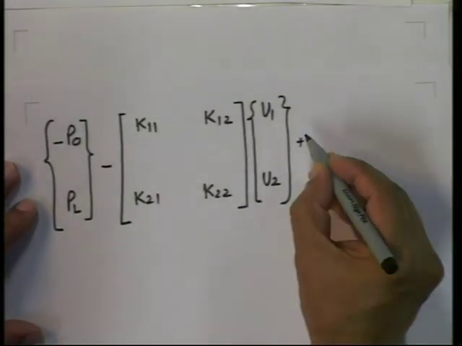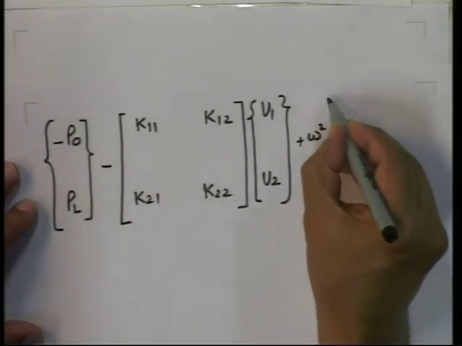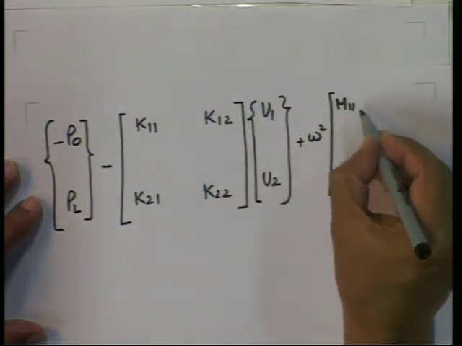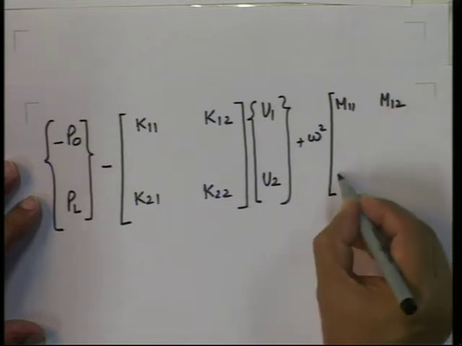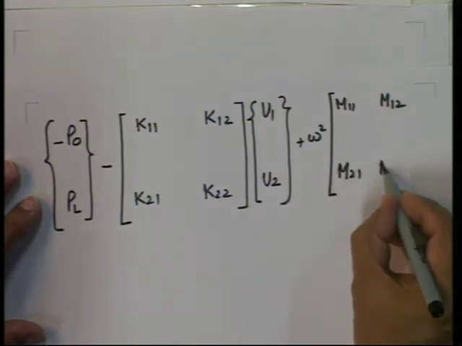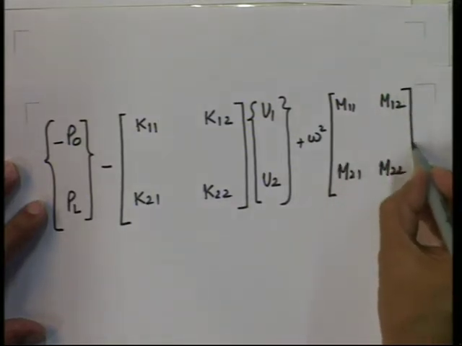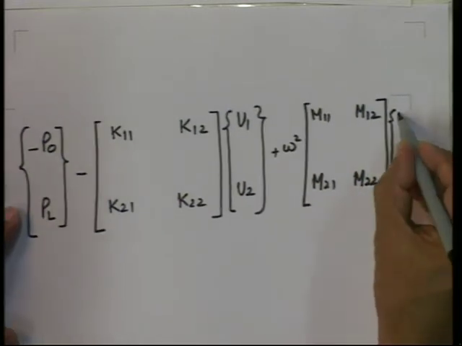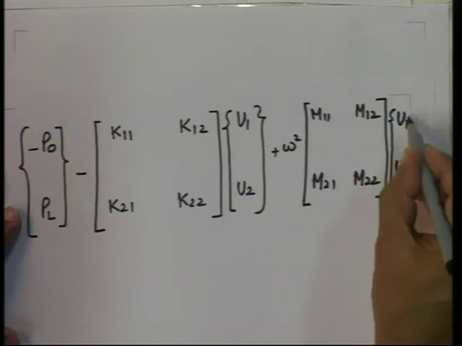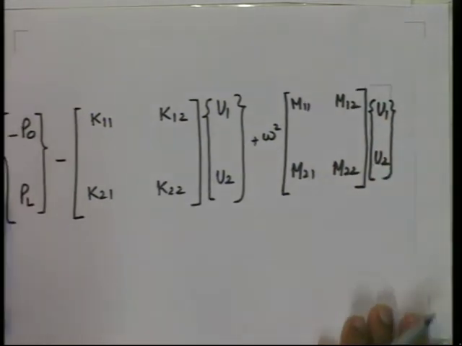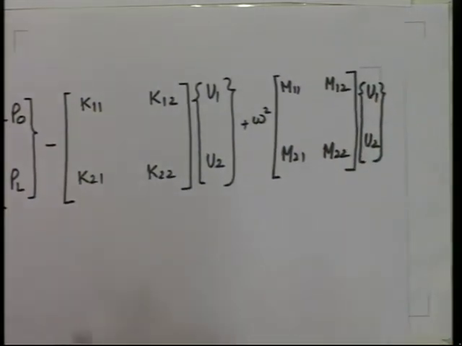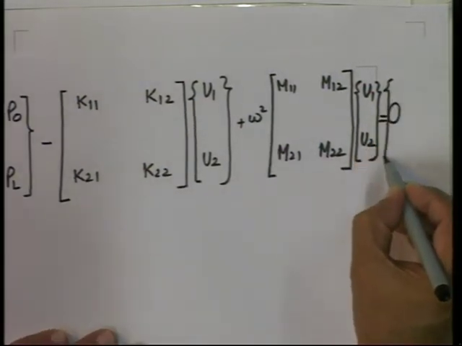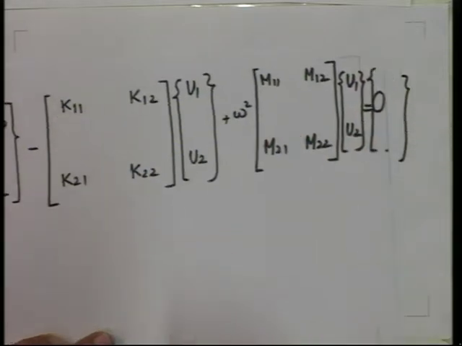So, I can write it as plus omega square m 1 1, m 1 2, m 2 1, m 2 2 times u 1 u 2, equal to 0. Of course, 0 means it has to be a 0 vector.